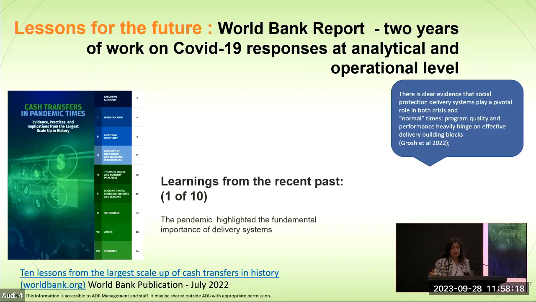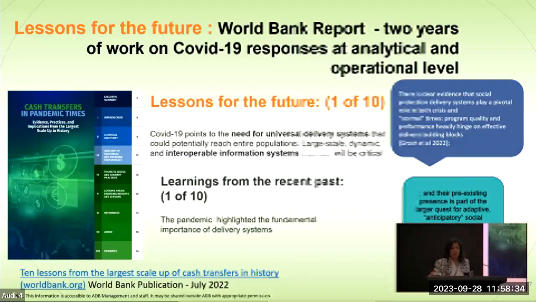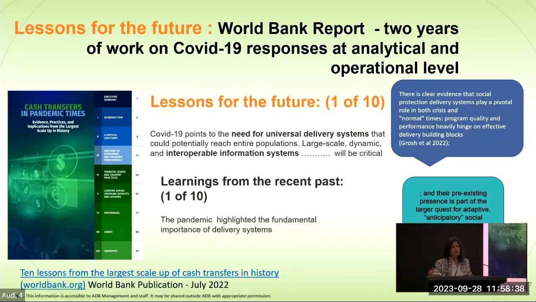Okay, click next, you will see the answer. By analyzing all these COVID responses, more than 2,000 of them, one of the lessons was that countries have to invest in integrated and interoperable social protection systems now, before the crisis hits, not when the crisis hits. So this was the lesson.